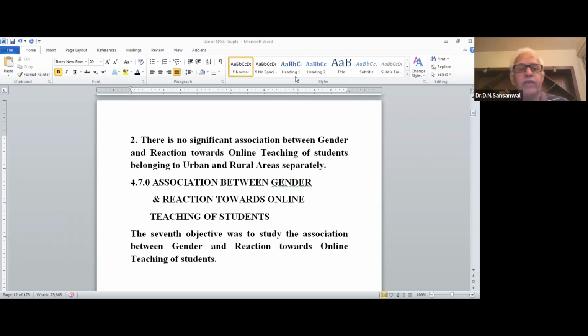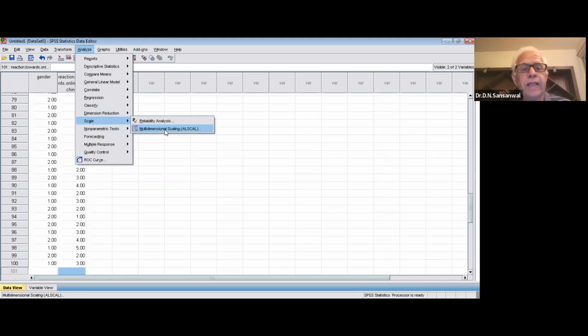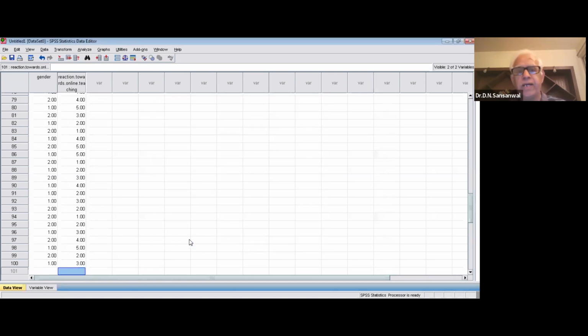Now you want to study the gender, because there are males and there are females, whether they are equal in number or they differ. So you can just bring gender here, and then here is your output.